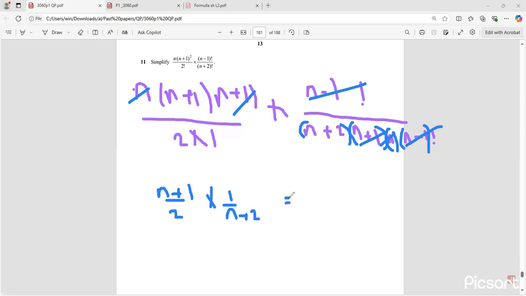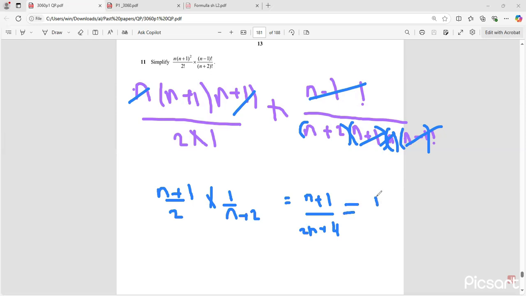So let's multiply. So n plus 1 in the numerator and 2n plus 4 in the denominator, and we did it.